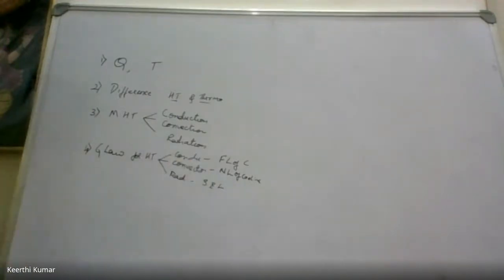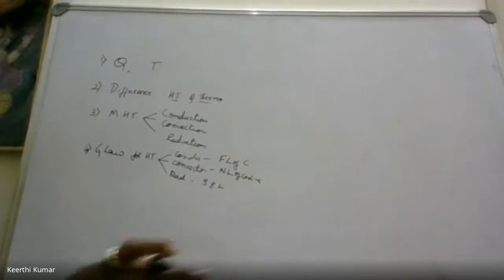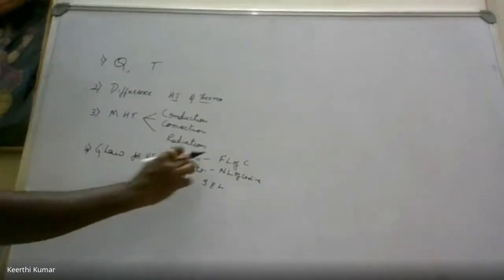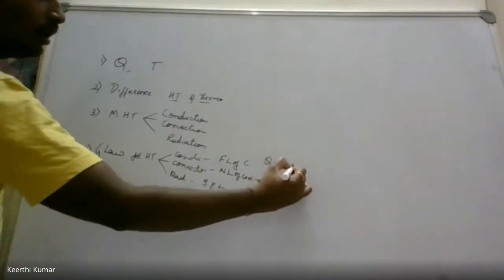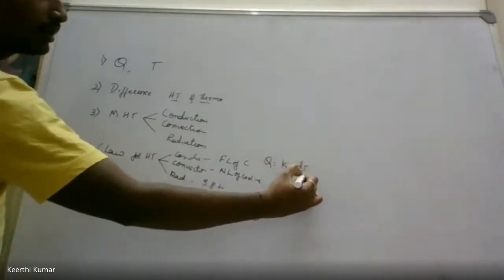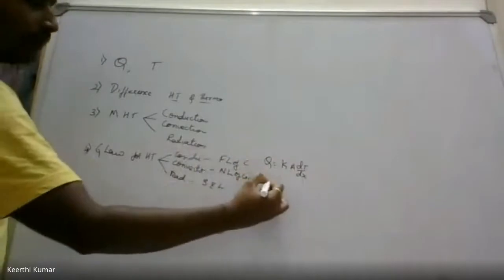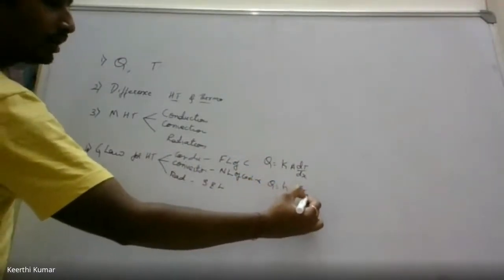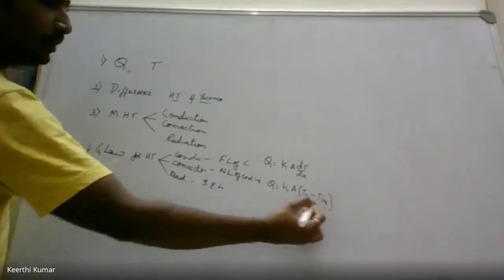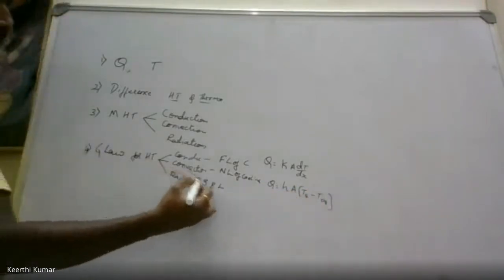Those three laws, we are going to write up the equations. What is the equation for Fourier law of conduction? Q is equal to minus kA dT by dx. This is the equation for conduction. And Q is equal to hA (T surface minus T infinity). This is the equation for convection.